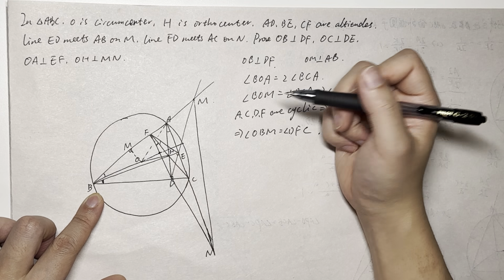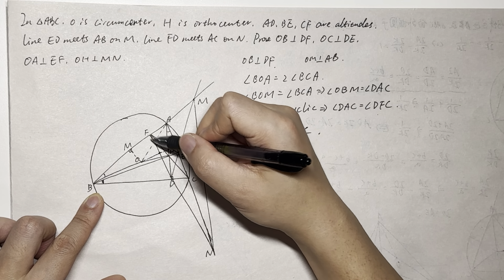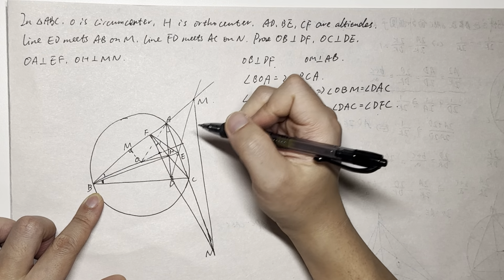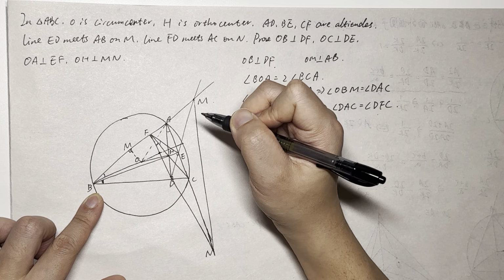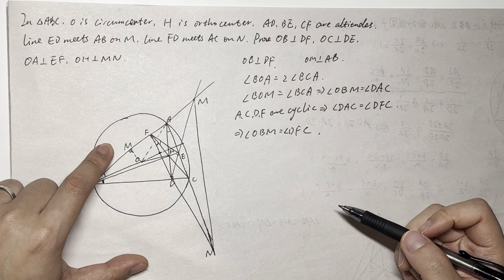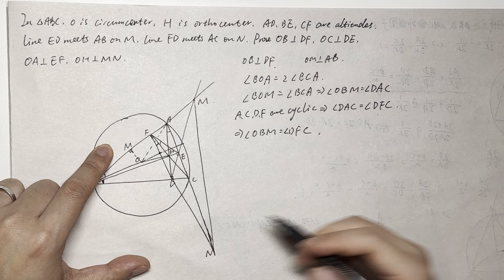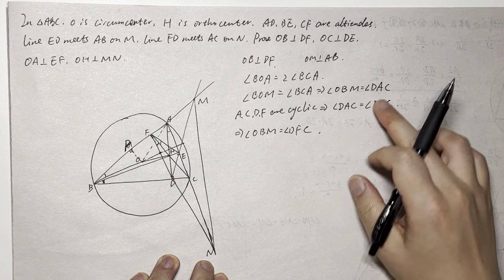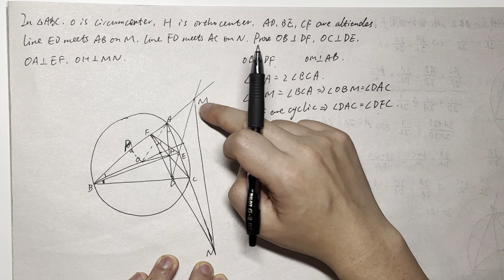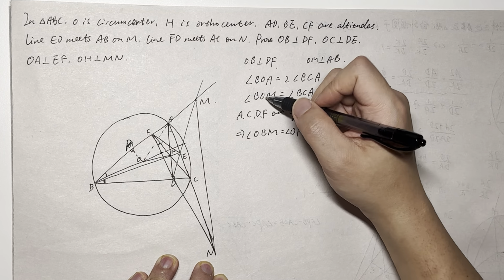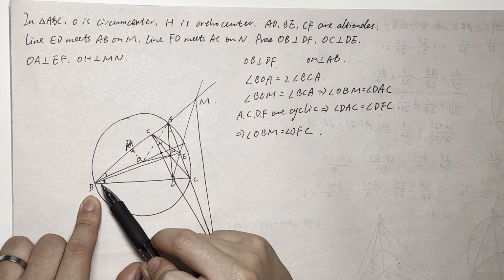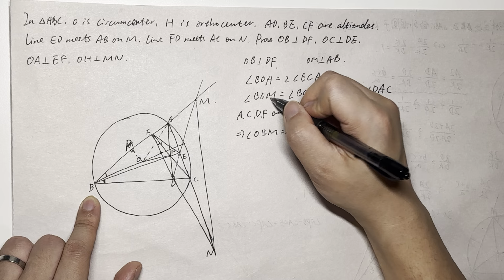Let's call the intersection point of the OB extension with FD P. All of the M I wrote before should be this P, not this M. Here I mean the angle BOP.